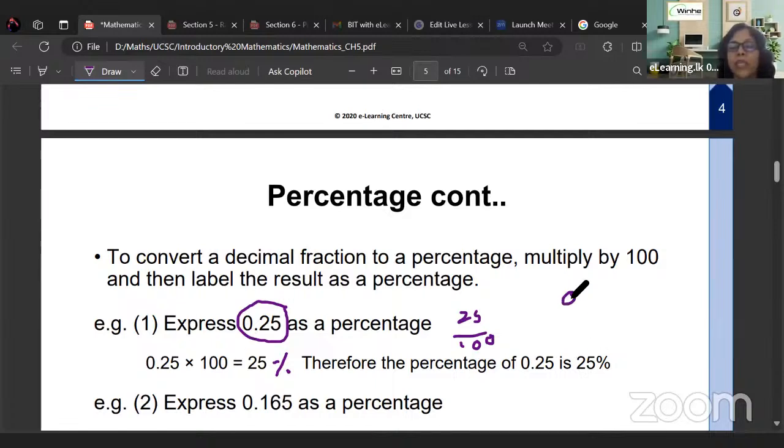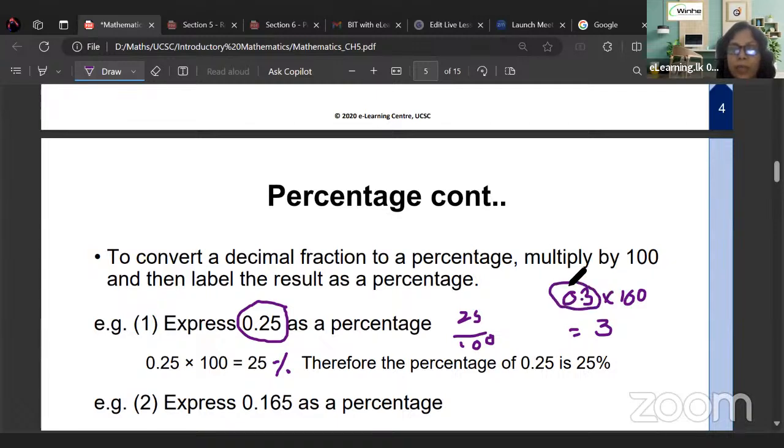If it is 0.3, assume that the given number is 0.3, then again you can multiply it by 100. What is the answer? How do we multiply a decimal number? Get the numerical value, not considering the decimal point, or else consider the whole number.